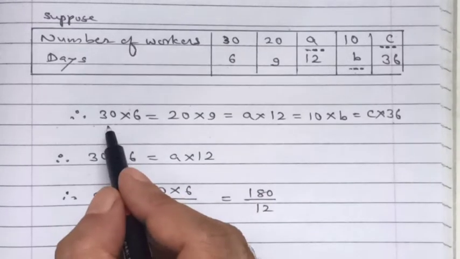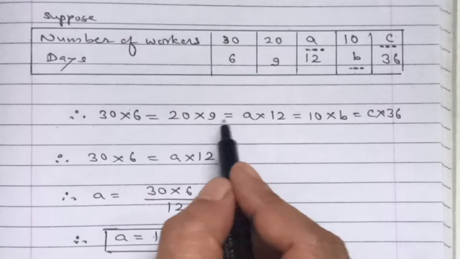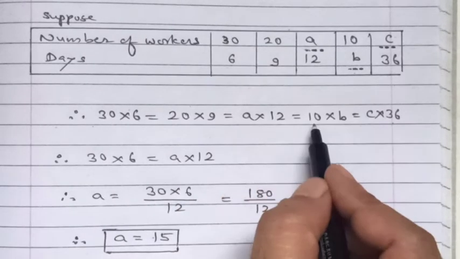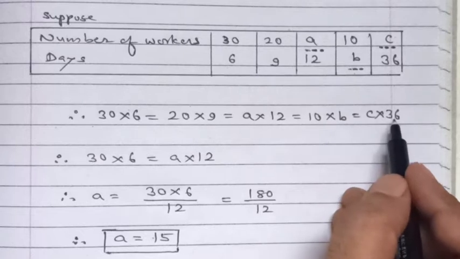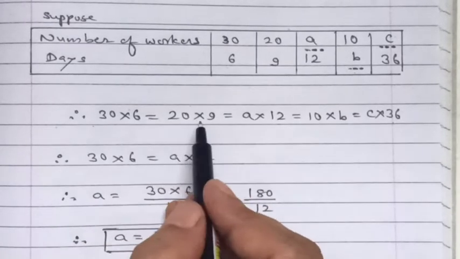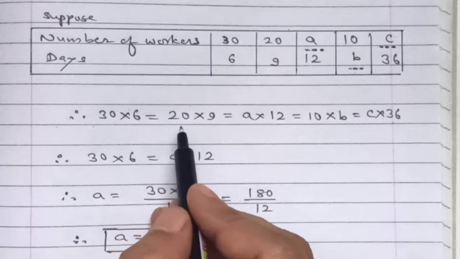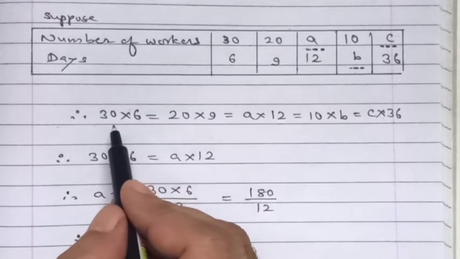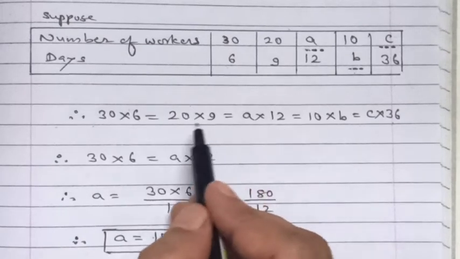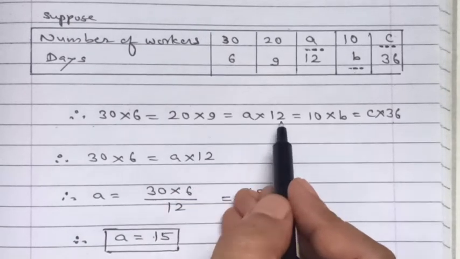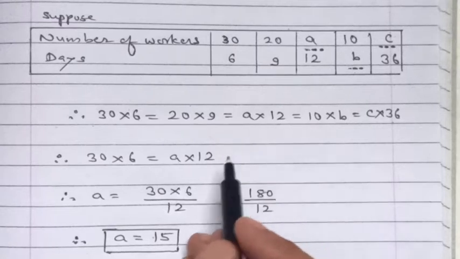So write down 30 into 6 is equal to 20 into 9 is equal to A into 12 is equal to 10 into B is equal to C into 36. You can take any two equalities and compare them. Here I take 30 into 6 is equal to A into 12. You can also take 20 into 9 is equal to A into 12; any one will do.